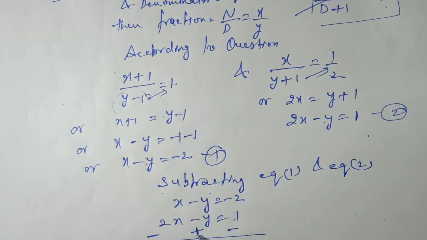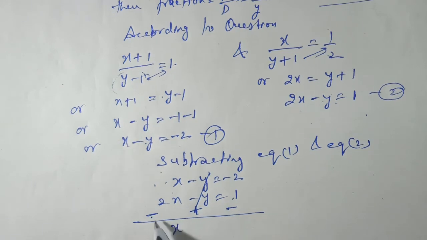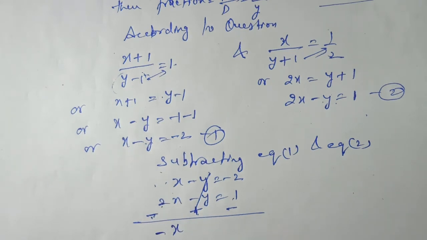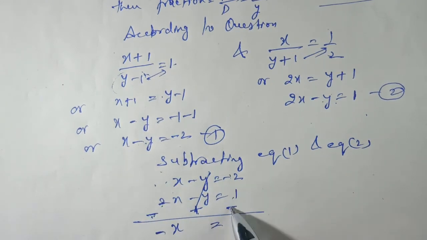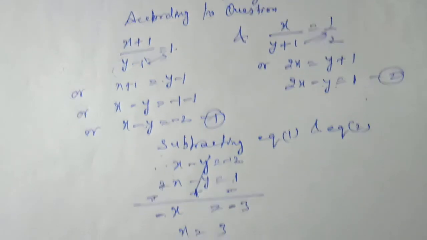So y is eliminated, it becomes 0. 2 minus 1 will give 1x, no need to write 1. Since 2 is the greater number, we put minus over here. Minus minus plus gives 2 plus 1, 3, both negative, so minus 3. Minus will be cancelled, so we get the value of x equal to 3.